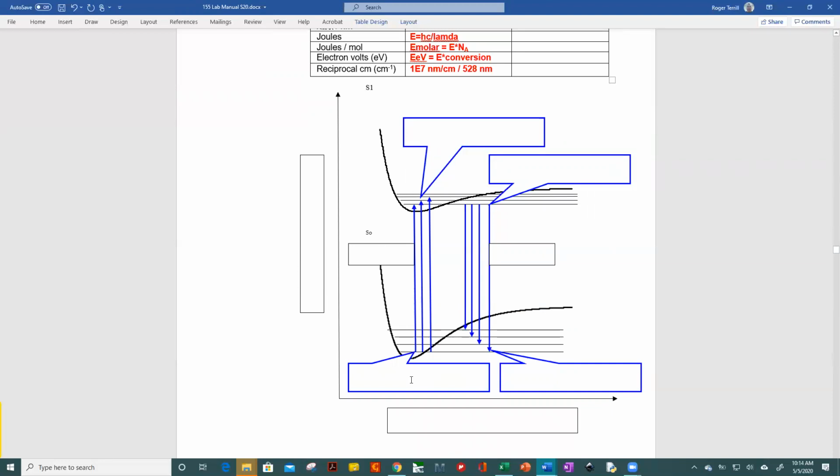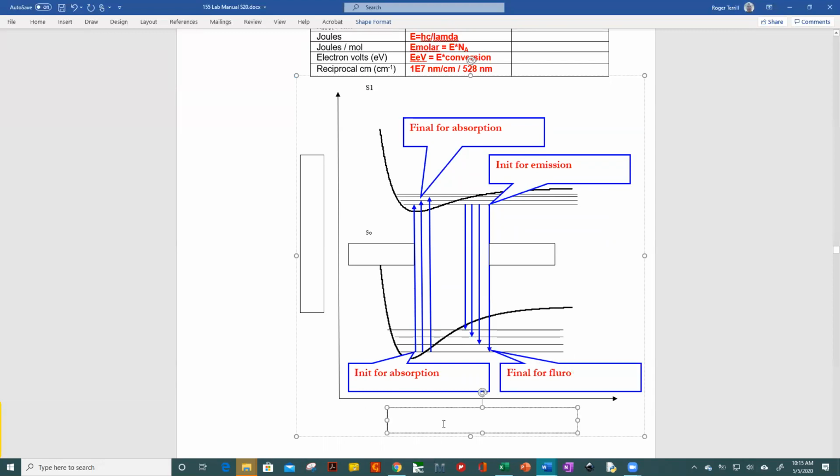So these are initial states, and these are final. And then these are initial for the fluorescence process, and these are the final.